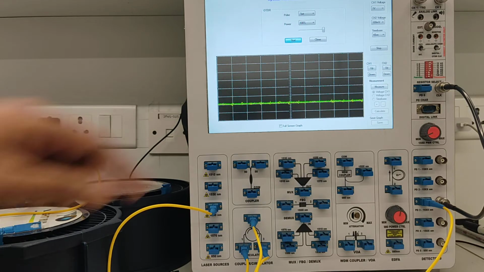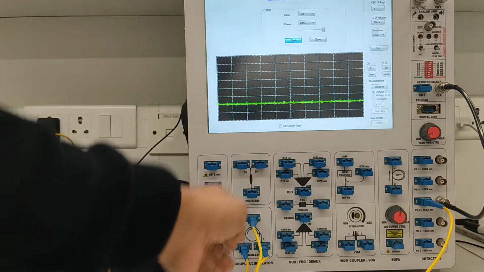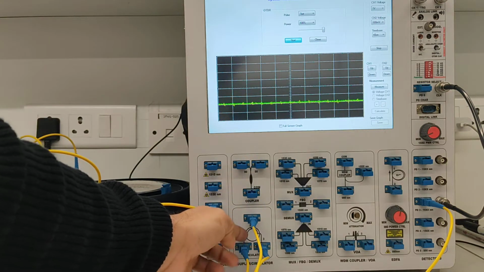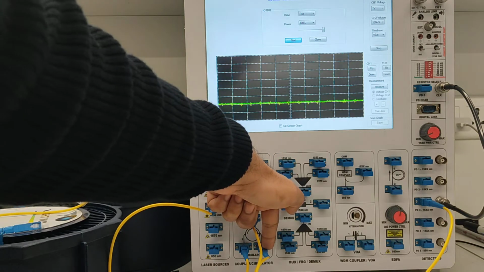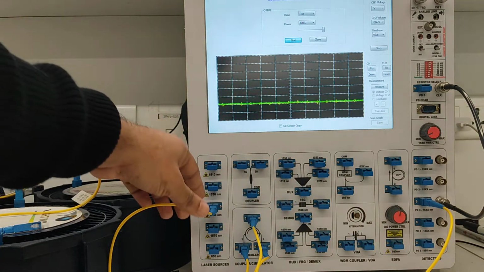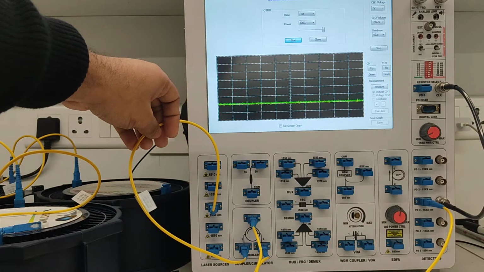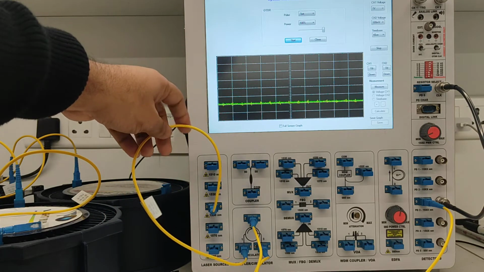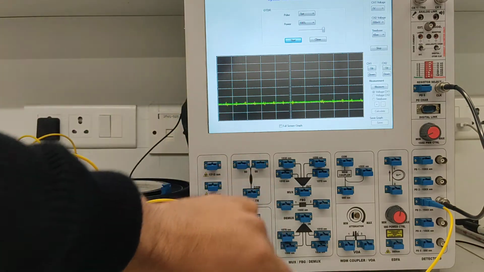Alright, so here you can see the circulator. This one is your input port, this one is your intermediate port, and this is your output port. The light of 1550 nanometer has been connected to the input port of the circulator with the help of a patch cord, and the intermediate port has been connected with a patch cord.